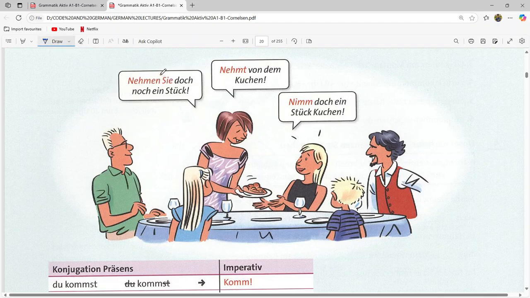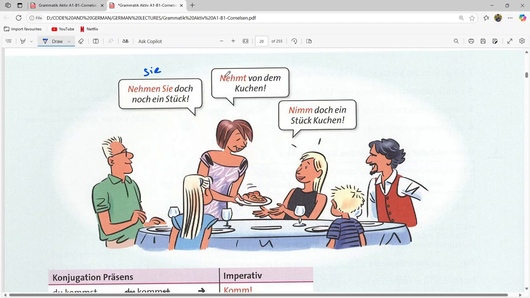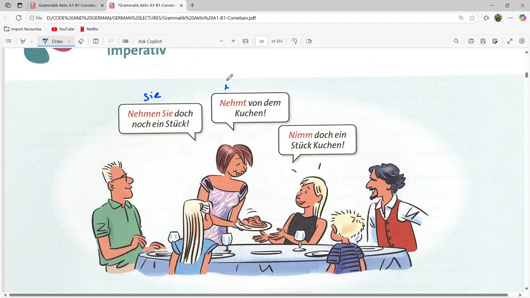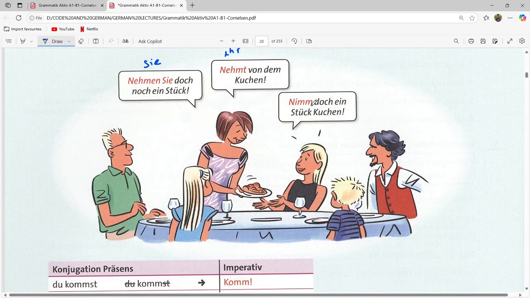This imperative sentence is in the Sie form. Next one, nehmt von dem Kuchen. So this imperative form represents the you form, but you plural. And the last one, nimm doch ein Stück Kuchen. So like, take a piece of cake.